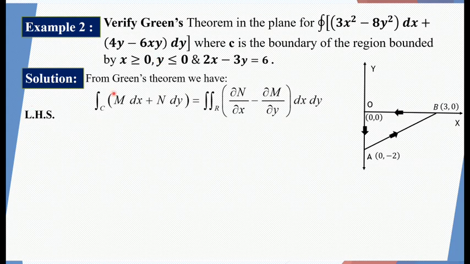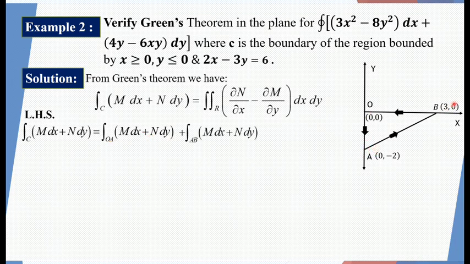So we first take the LHS. The LHS is the line integral. So we can define it as integral of M dx plus N dy for this line OA, plus for this line AB, and plus for this line BO.